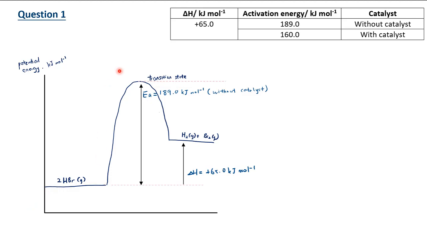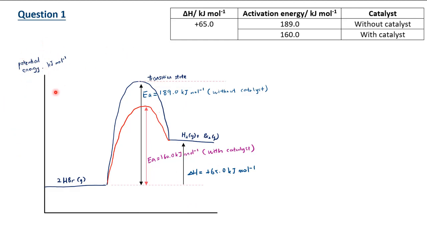So this curve represents the reaction without catalyst. But when you have the catalyst, the activation energy becomes a little bit lower. Reactants and products are the same, then you just add another curve over here and do your labeling. Similarly, between reactants and the transition state, you have your activation energy 160 kilojoules per mole. So label with catalyst. Okay, so this is a complete labelled diagram.